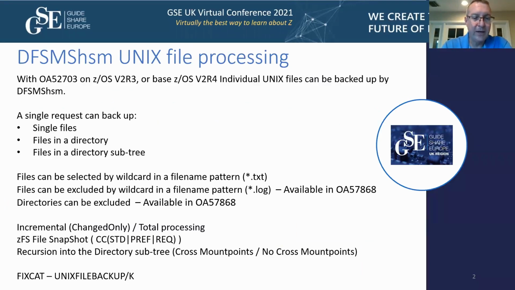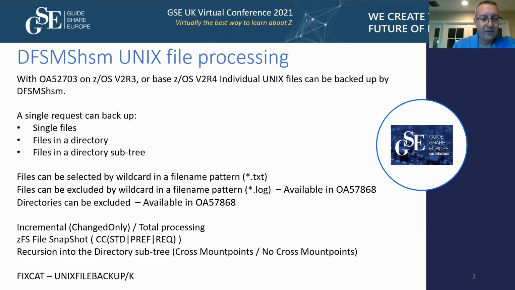I shoehorned that in with the HSM concurrent copy keywords. So it provides a similar function that lets us get serialization on a file and then release it very quickly before the backup is done. And then our backup is done from that snapshot and not from the existing file. So that allows your applications to start opening that file for write very quickly, even before the backup is done.